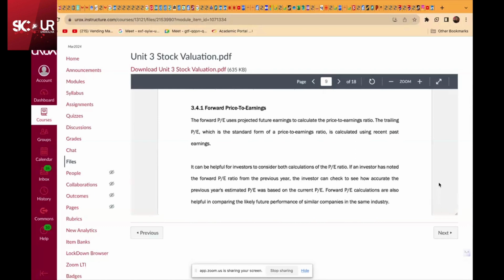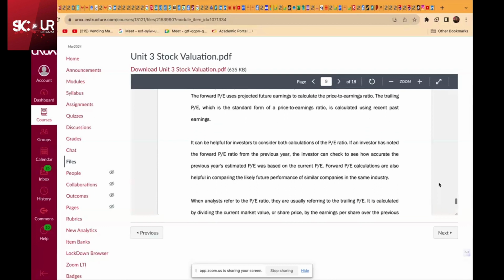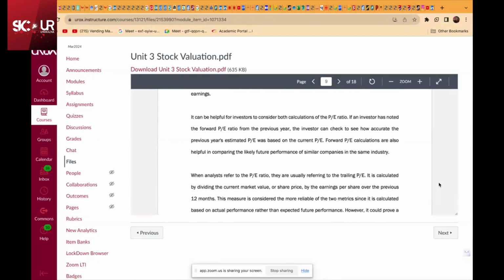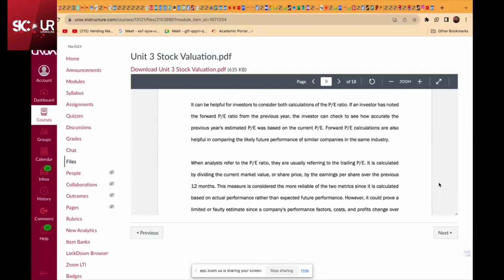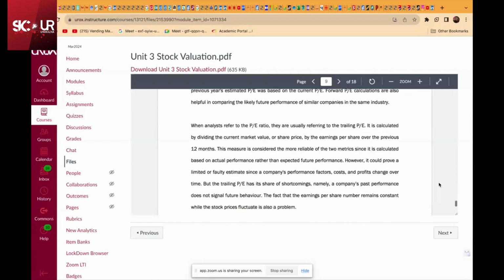The forward price earning uses projected future earning to calculate the price earning ratio. The trailing price earning, which is the standard form of the price earning ratio, is calculated using the recent past profit. When analysts refer to the price earning ratio, they usually refer to the trailing price earning ratio.